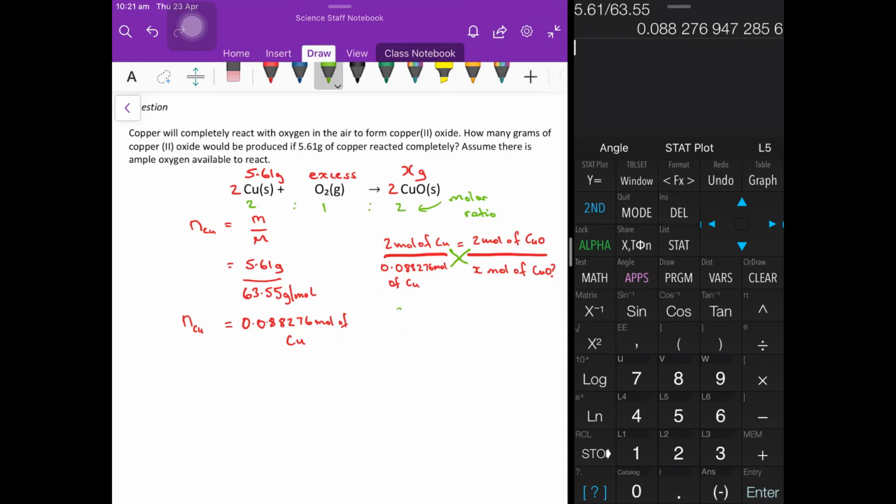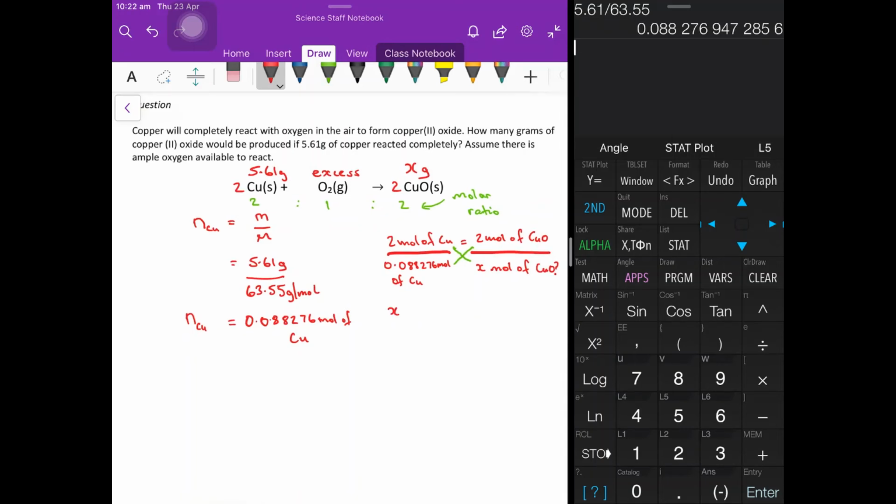Therefore, x will be equal to 0.088276 mole of copper oxide. So again, just to go through that one more time, if I have 2 moles of copper forming 2 moles of copper oxide, if I have this many moles of copper, I'm going to form the same number of moles of copper oxide.